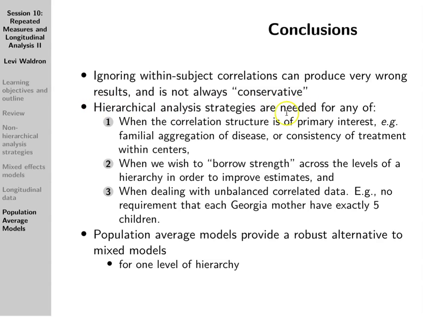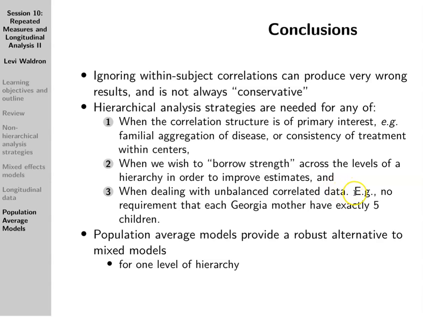You need hierarchical analysis when either the correlation structure is of primary interest, for example, familial aggregations of disease, consistency of treatment within centers, or if you wish to borrow strength across observations at different levels of the hierarchy or across different groups, or when dealing with unbalanced correlated data.